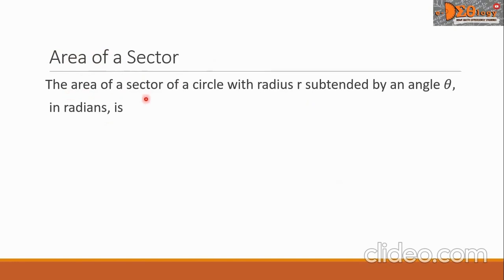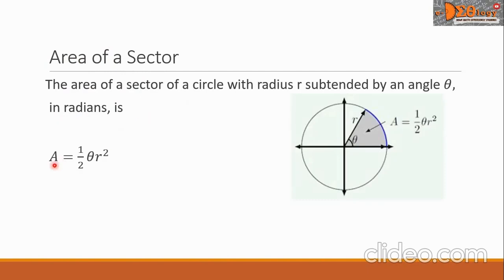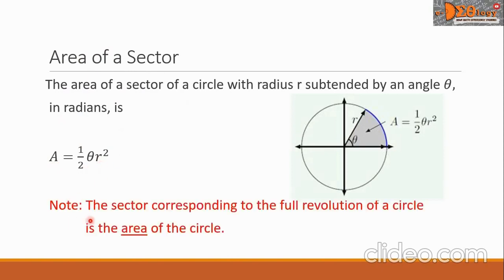The area of a sector of a circle with radius r, subtended by an angle theta in radians, is given by the formula A equals 1/2 theta r square. Please note the sector corresponding to the full revolution of a circle is the area of the circle.